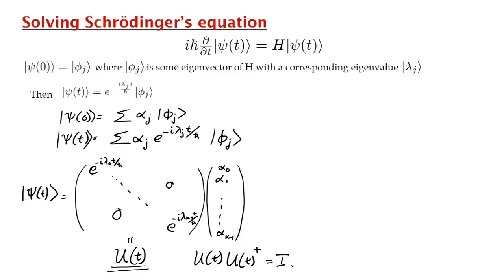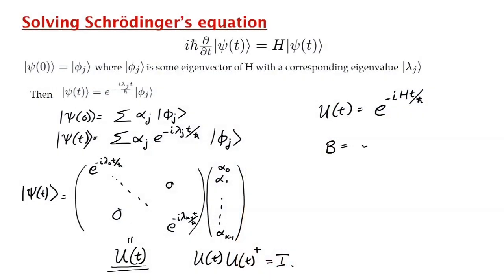Because when you take u of t dagger, you just get e to the plus i times this, and then it all multiplies to give you the identity. Now, there's another way of writing this operator. What's usually written is u of t is equal to e to the minus i H t over h bar.